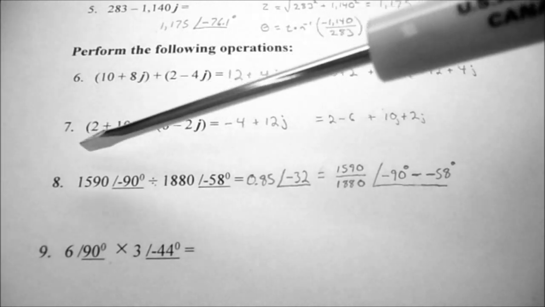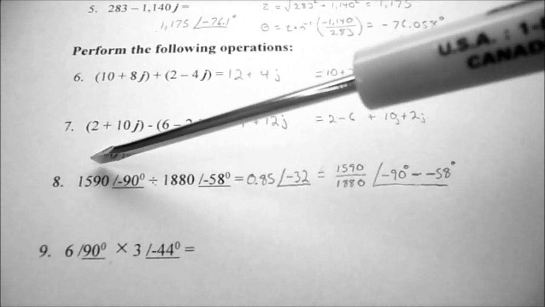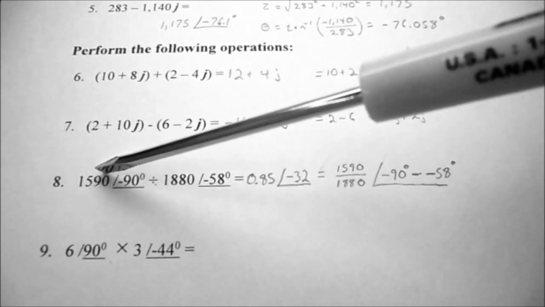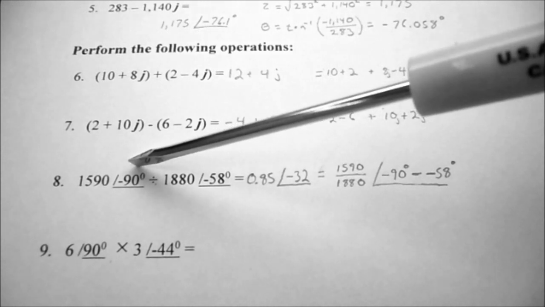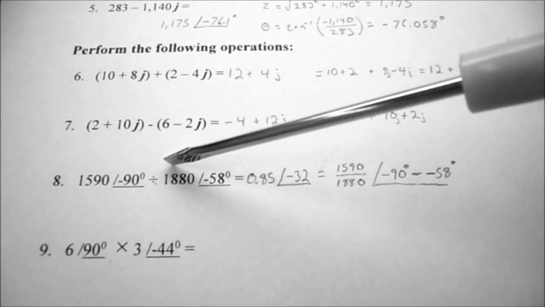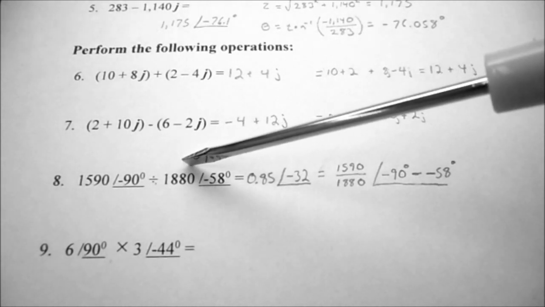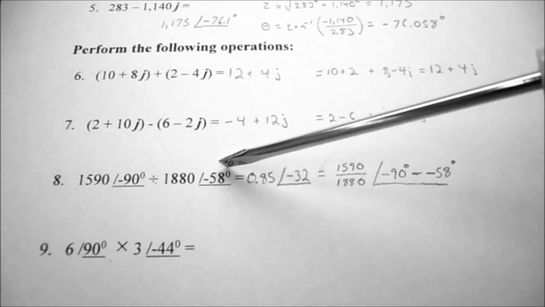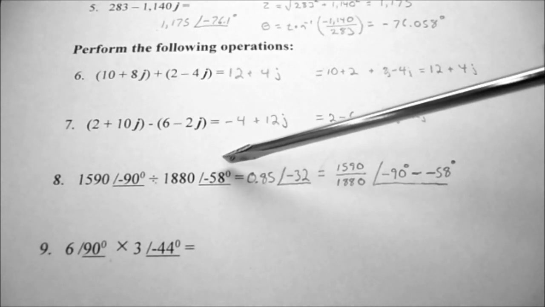So under procedure, step number 8, we're going to take 1,590 at an angle of minus 90 degrees and divide it by 1,880 at an angle of minus 58 degrees. And this is going to be one of those calculations coming up in a future lab.